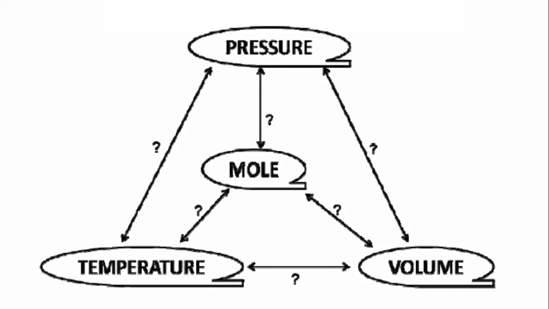One by one, I am going to teach you the laws. Another purpose of learning all these laws is to verify whether your gas is ideal or non-ideal. An ideal gas will follow the relationship between the volume with the temperature, and the volume with the mole.